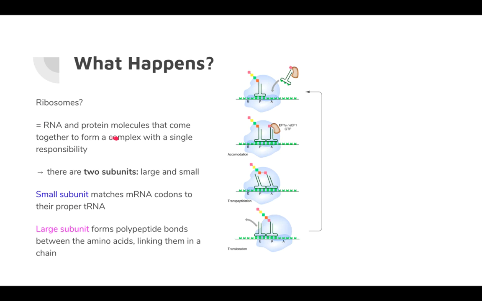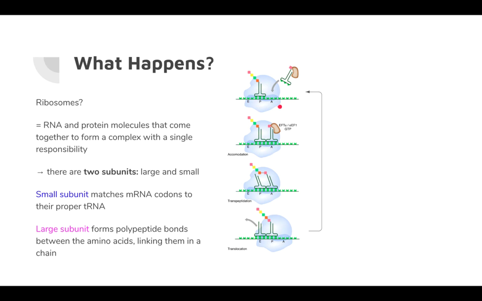Ribosomes are essentially RNA and protein molecules that come together to form a complex, and it has one responsibility. There are two subunits in ribosomes, the large and the small. The small will match the mRNA codons to their proper tRNA. Like I said, on the mRNA strand, denoted by the black line here, the mRNA will have these green codons, and tRNA has the anticodon that will base pair with the codon.